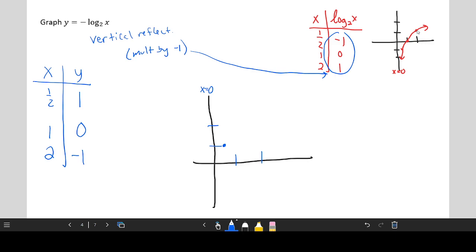And the point that was above the x-axis is reflected down below. The point that was on the x-axis is going to stay put. And all the other points get reflected as well. So you can just kind of visually see, since it was approaching the asymptote heading down, now it's going to approach the asymptote heading up.